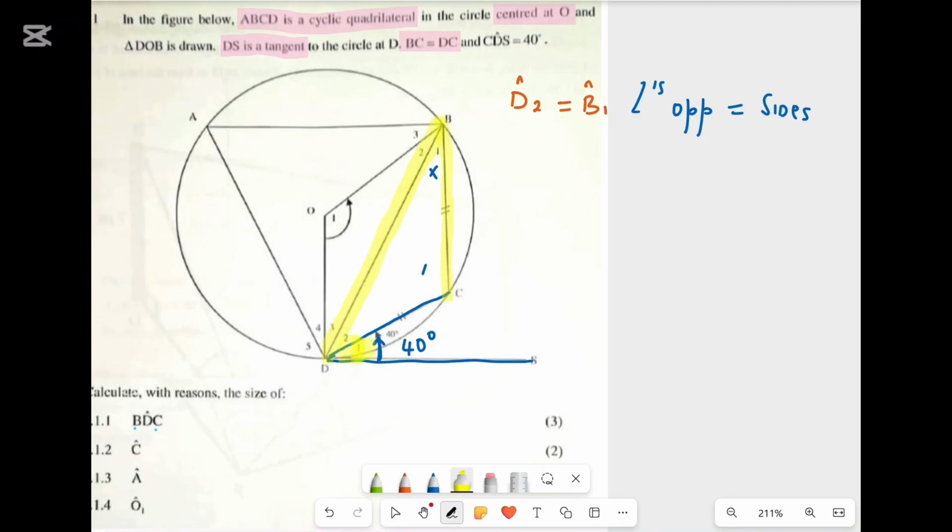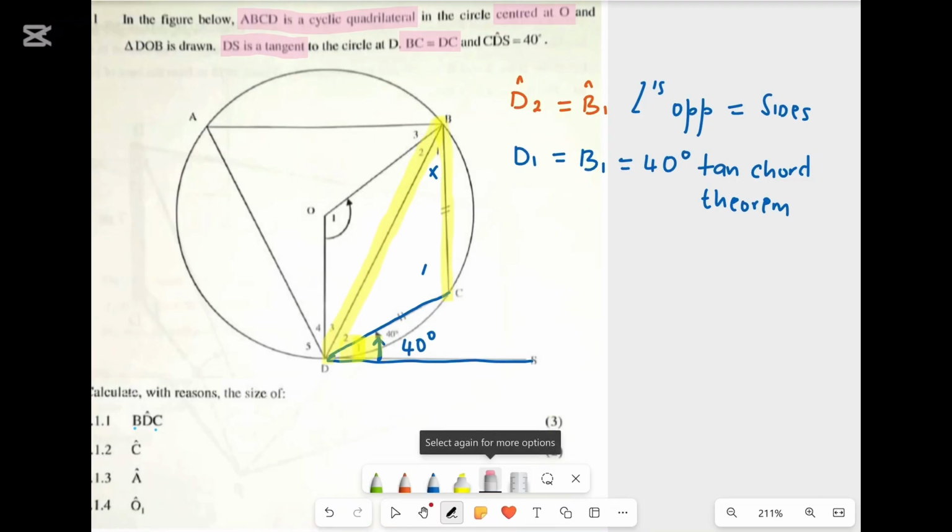So this angle between the tangent and the chord is equal to the angle subtended by the chord in the alternate segment. So now D1, that is given as 40 degrees, is equal to what? Is equal to that angle B1, which is equal to 40 degrees. So that is a tan chord theorem. So let me put it in my diagram.